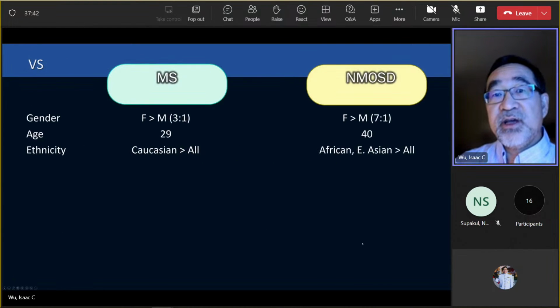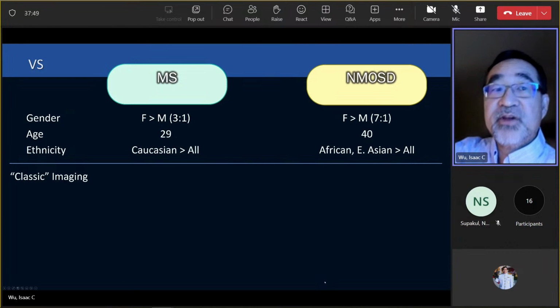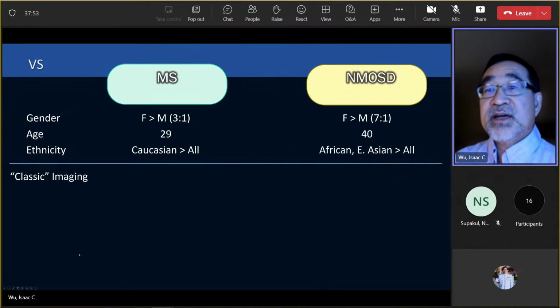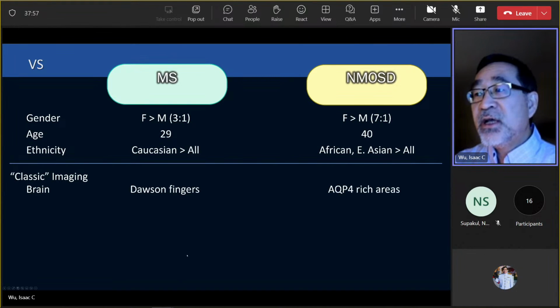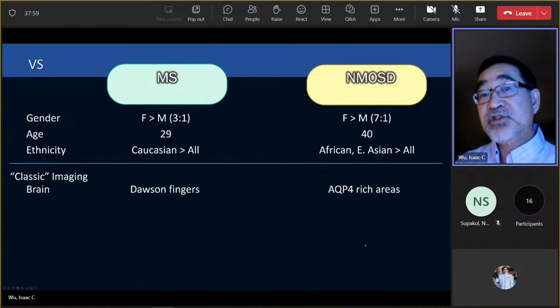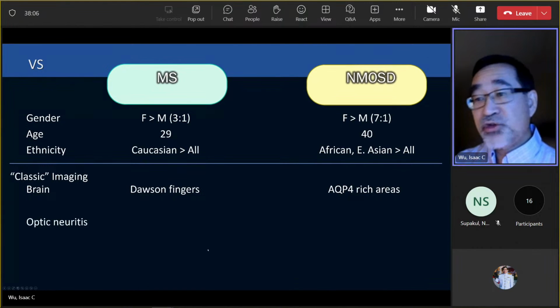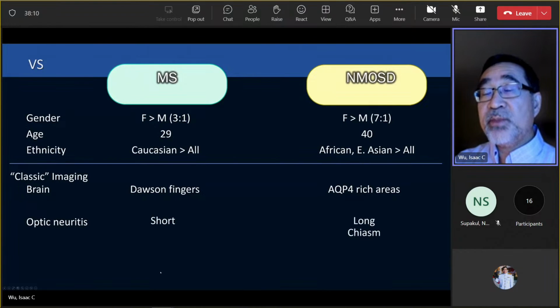And just to highlight the difference between MS and NMO, especially if you're studying for the board exam, which I know some of you are focused on right now: for the MS classic picture in the brain, you look for those dots and finger lesions. For NMO, you look for lesions in the brain around the so-called aquaporin 4 rich areas, area postrema, next to the ventricle, etc. For the optic involvement, MS is short, intraorbital.